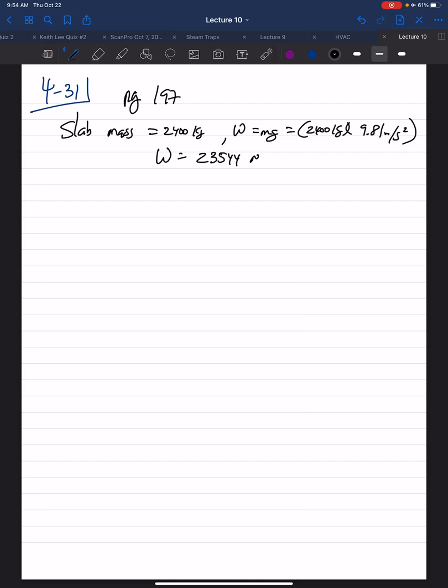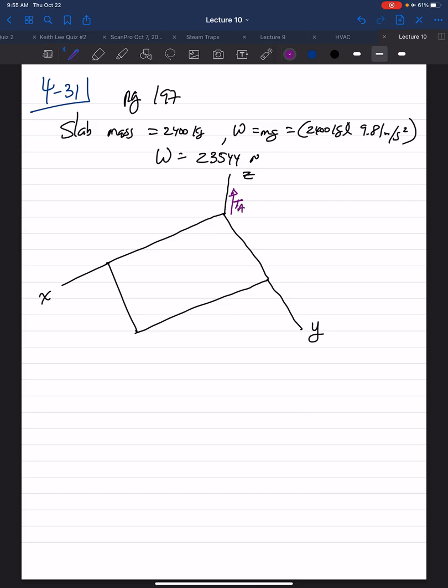Let's draw a free body diagram. This is our z-axis, y-axis, x-axis. We have a TA here. This is 2 meters.